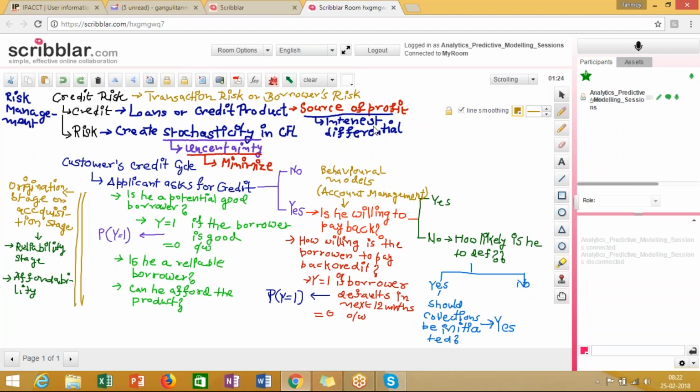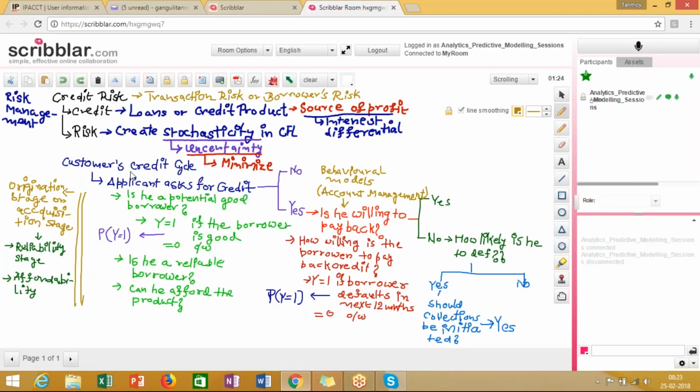Now, if I fail to honor it at any point of time, then that's a transaction risk. On the other hand, the transaction risk may arise because of a borrower's risk, for example the borrower lost his job suddenly and is unable to pay the EMIs. If the borrower is at risk, then the transactions will be at risk. Correct.